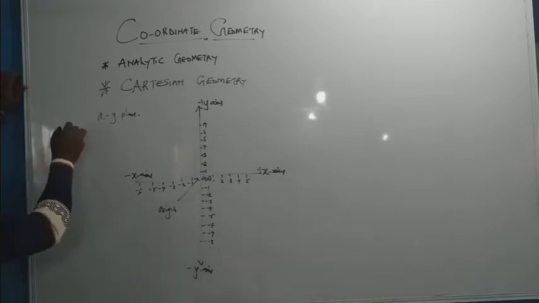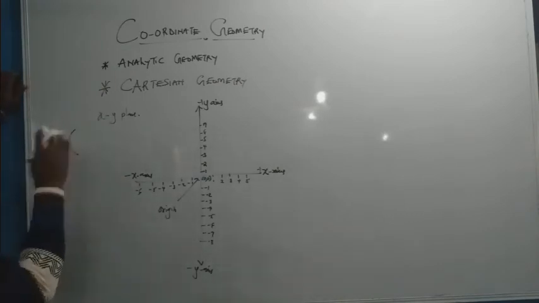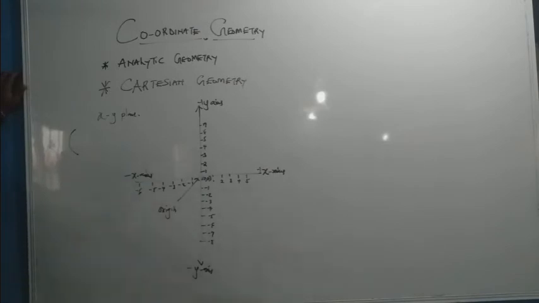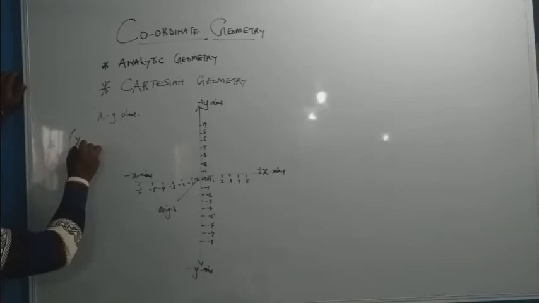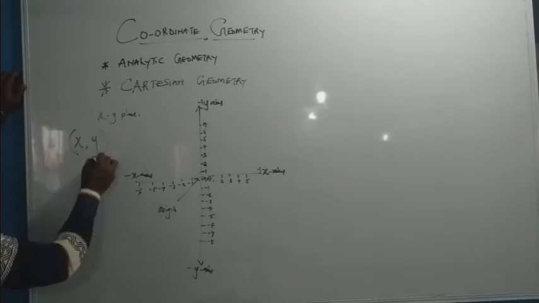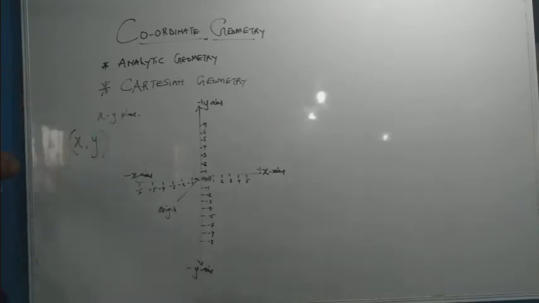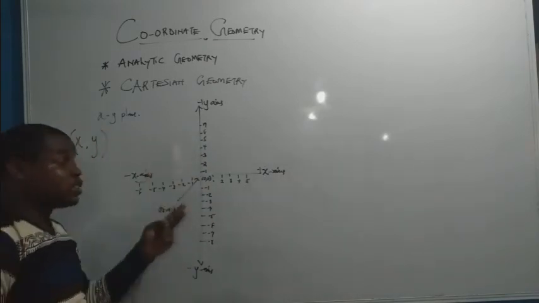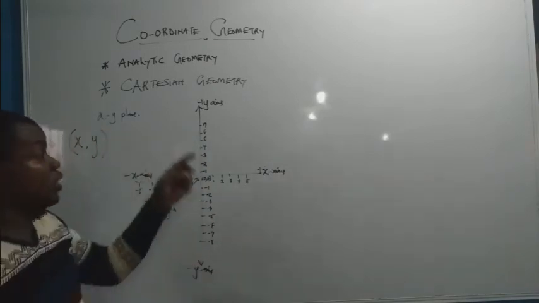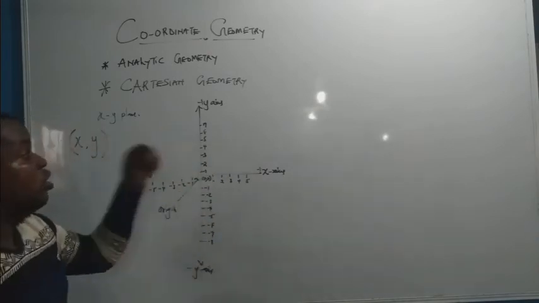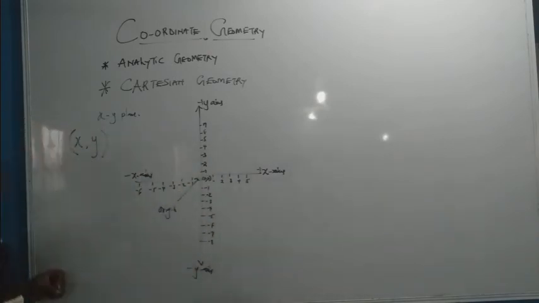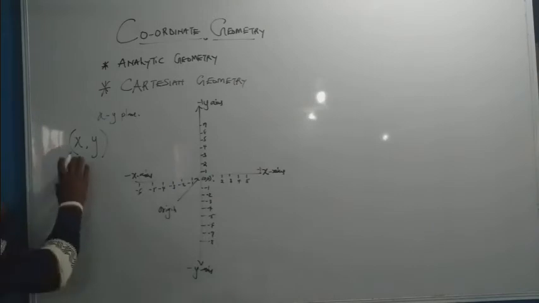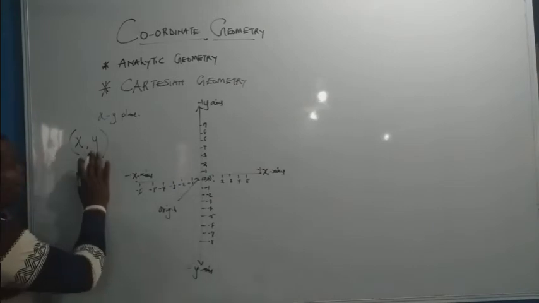If you have a point on the graph, you write something like this: x, comma, y. It simply means you need both the x coordinate and the y coordinate to locate a point on your Cartesian plane or your graph. Is that clear?